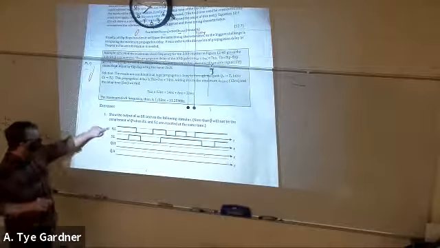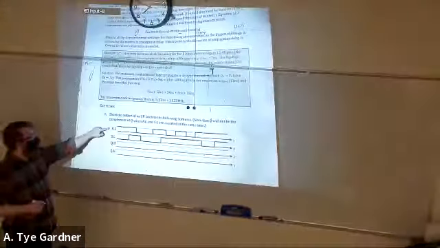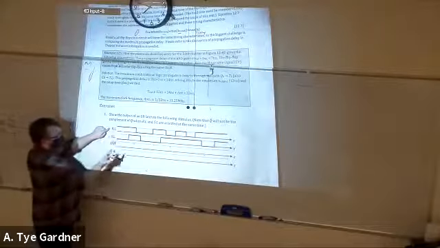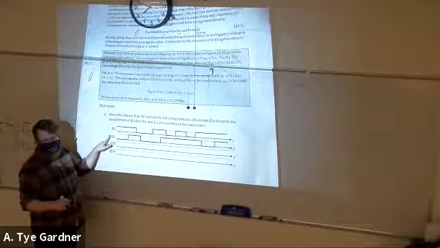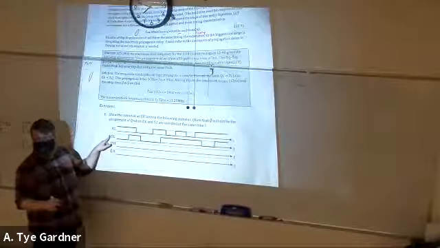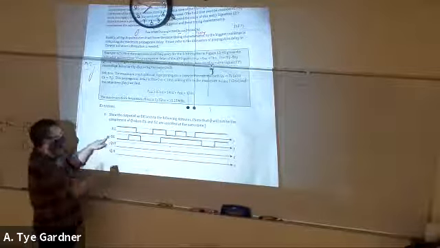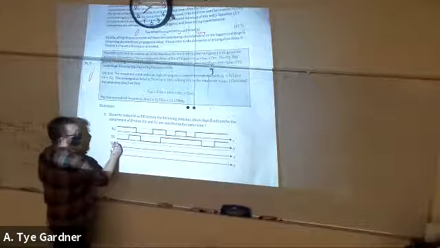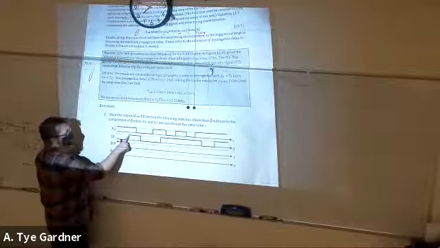So if reset is active low, that means when it's 1, I don't care. But set is active low. So what does set mean in an SR latch? A 1. Yeah. And then it goes high.